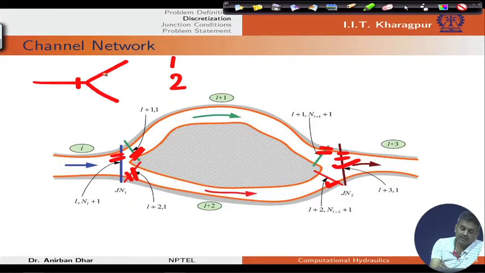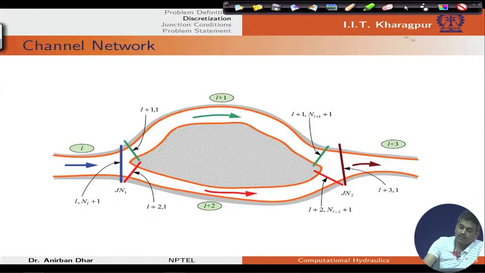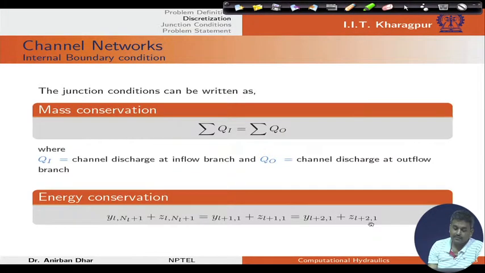We need to consider energy between these 2, and again energy between this one and this one. So, in total, for 2 junctions 6 conditions will be there.